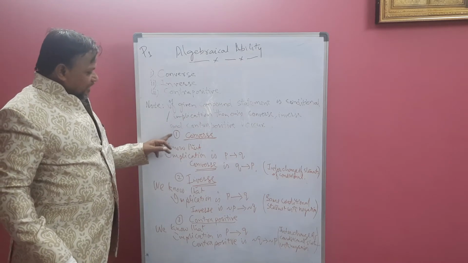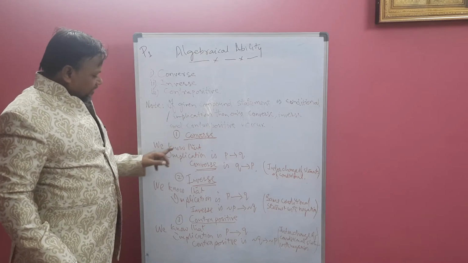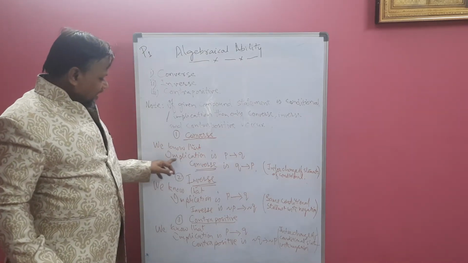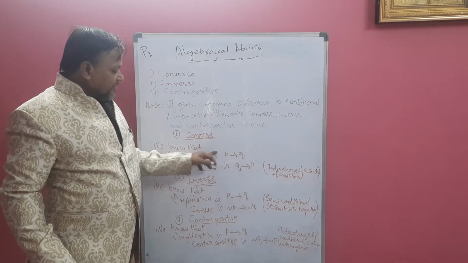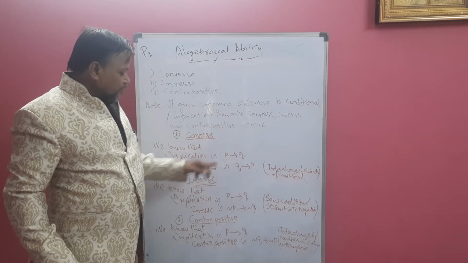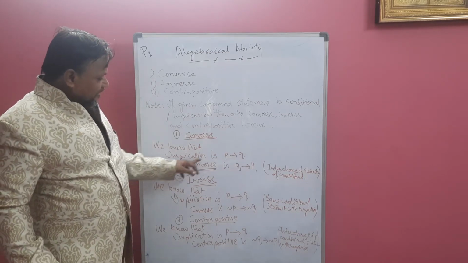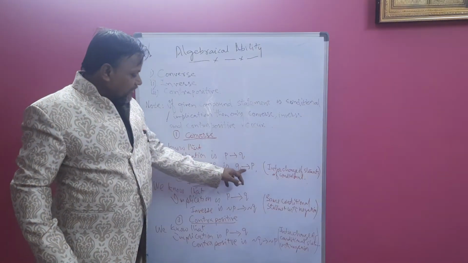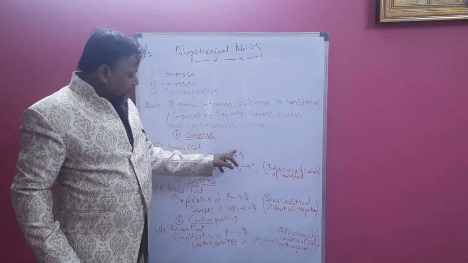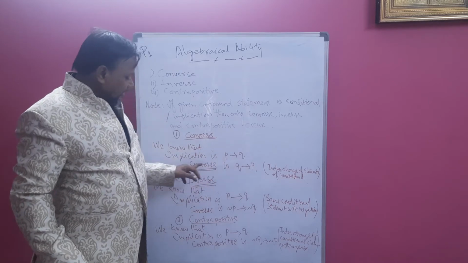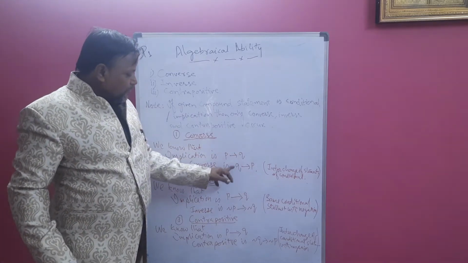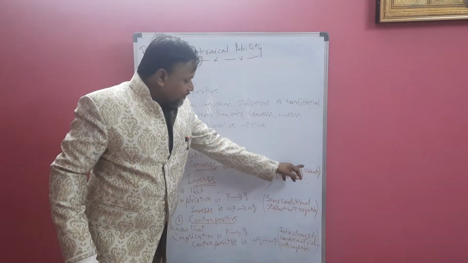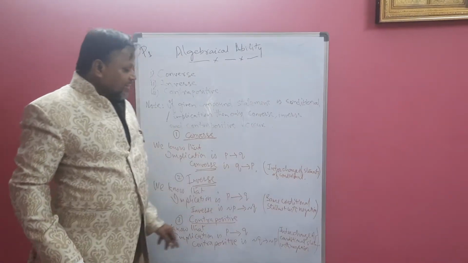Now see this. Converse is what? We know that implication is P implies Q. This is an implicational statement. The converse of this is Q implies P. The converse is nothing but Q implies P, an interchange of the statements of the conditional.